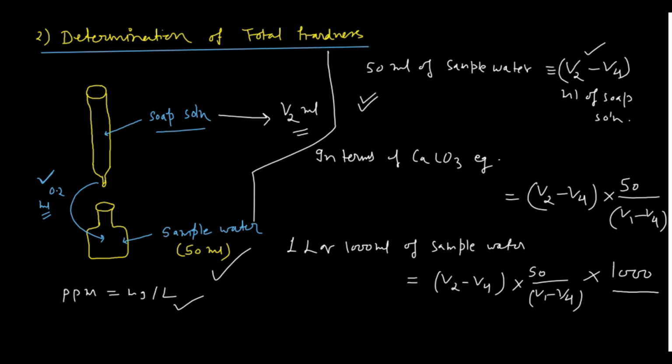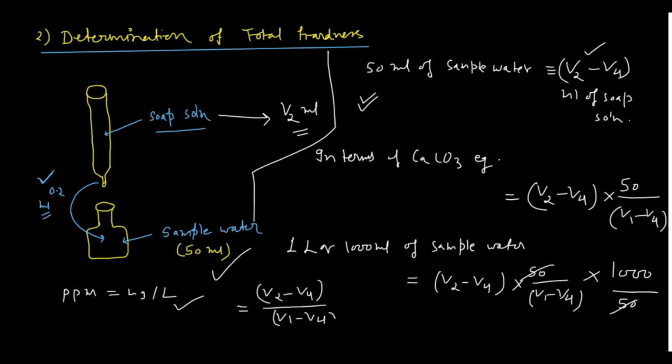So divided by 50 you should add here. 50 gets cancelled, and you will have the expression like that: V2 minus V4 divided by V1 minus V4.